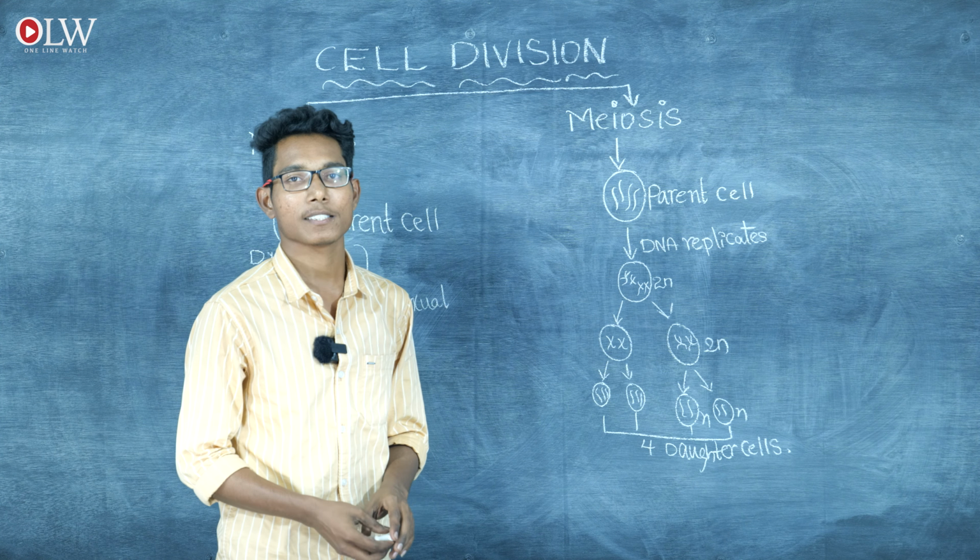Mitosis is a continuous process of a cell. It is divided into four phases, called prophase, metaphase, anaphase, telophase, and cytokinesis.